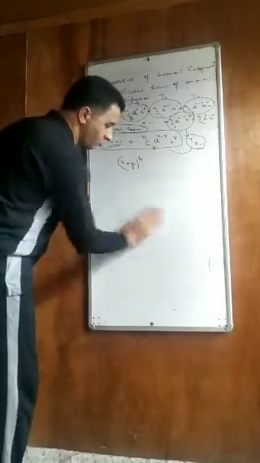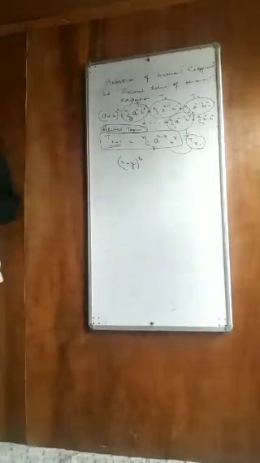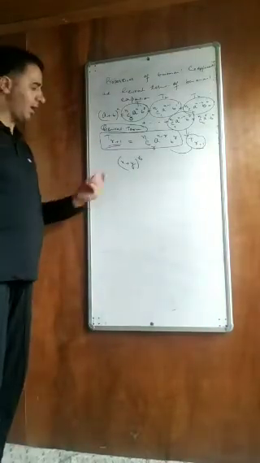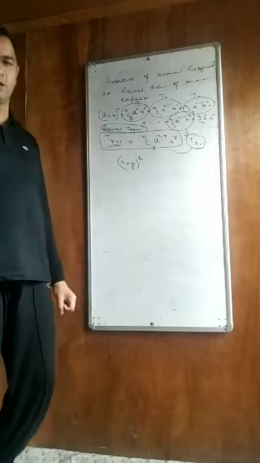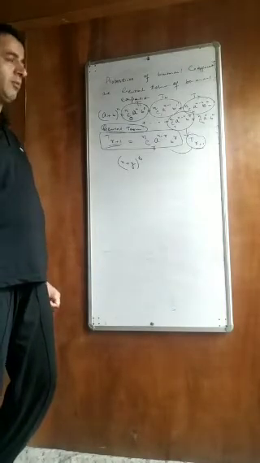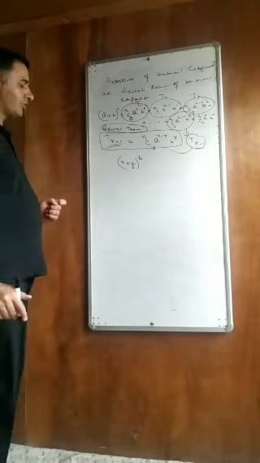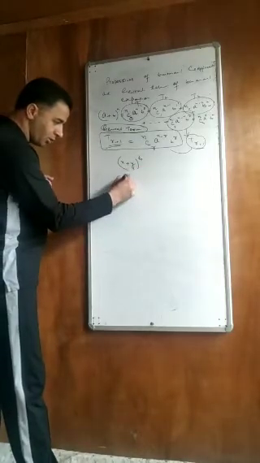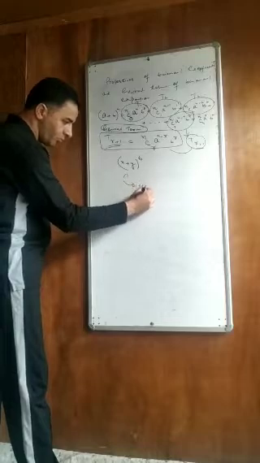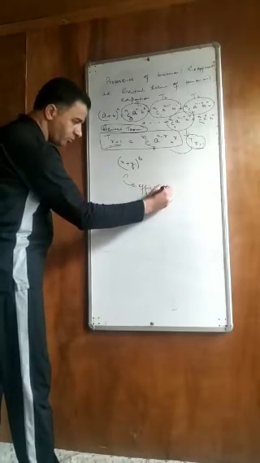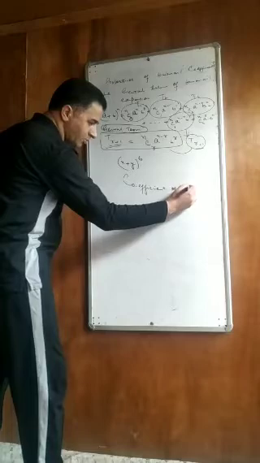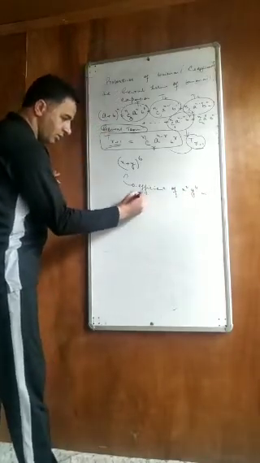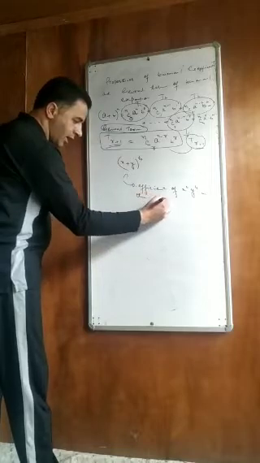Suppose I am asking you to find the coefficient of x square and y raised to power 3, or I am asking you to find the coefficient of x square and y raised to power 4. What is the coefficient of x square y raised to power 4 in this expansion?